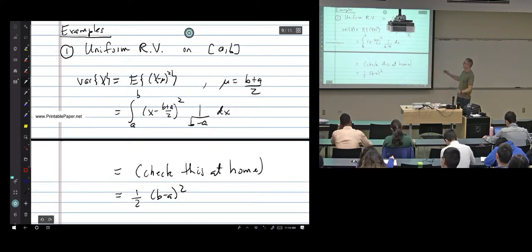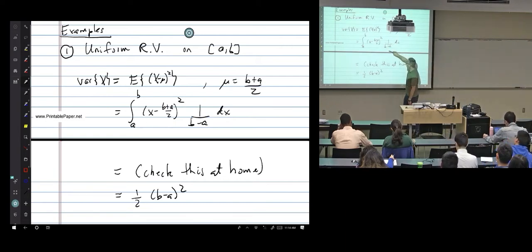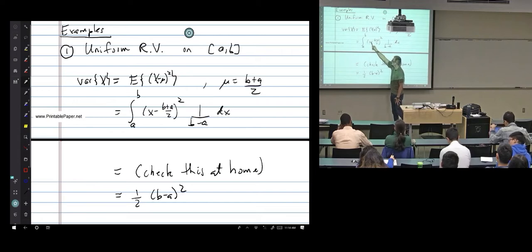Okay, so once again, in general, for a given random variable which has a given density, this is the variance: X minus the mean, squared. You integrate against the density, and then you have to do an integral.